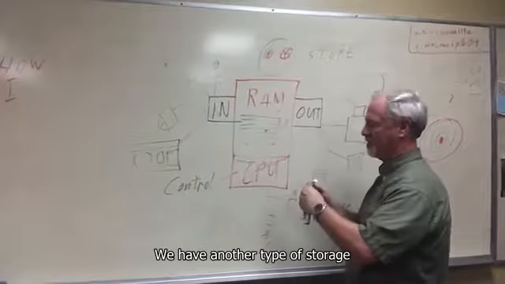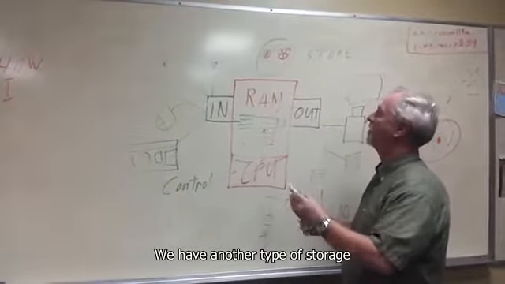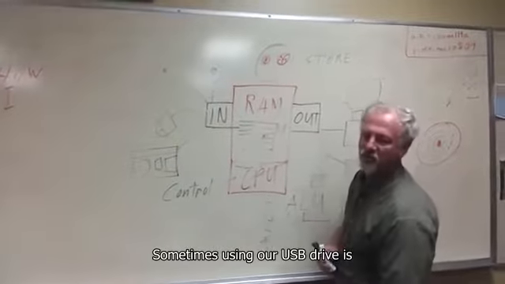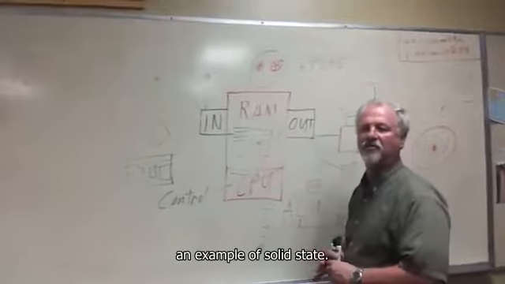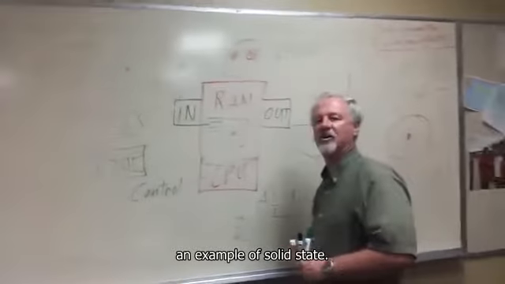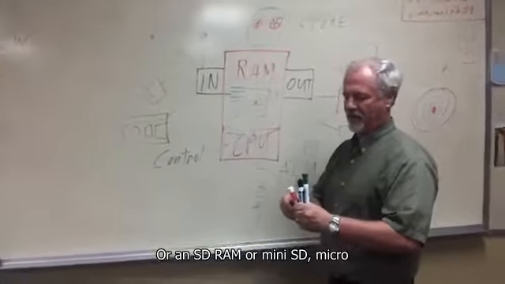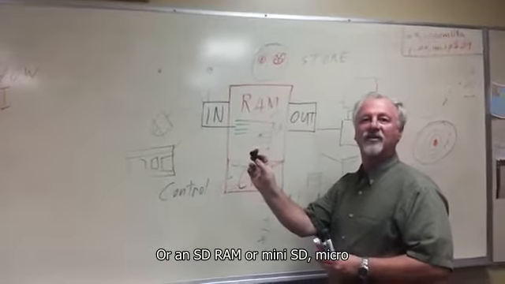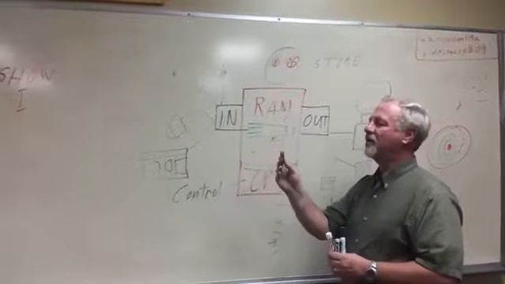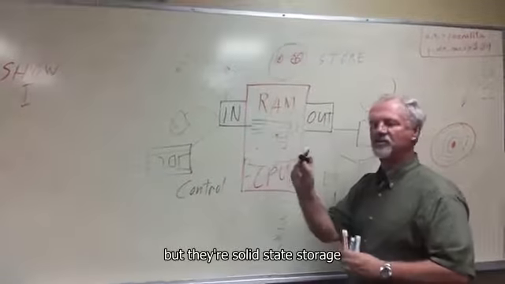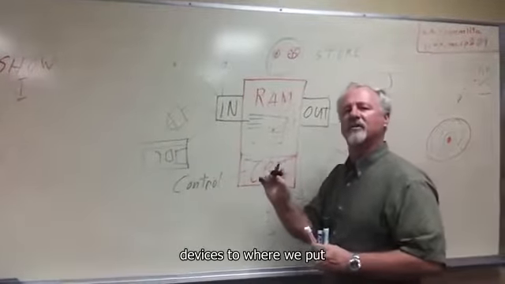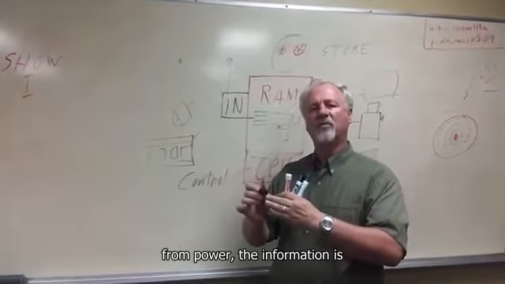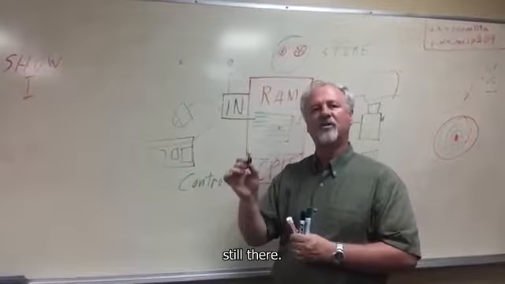We have another type of storage device, and that's solid state. Sometimes a USB drive is an example of solid state, or an SD card, mini SD, micro SD. All of them are solid state storage devices, to where we put information on, we remove them from power, and the information is still there.